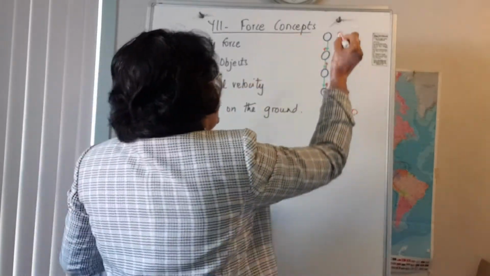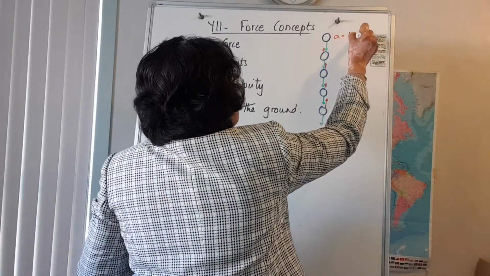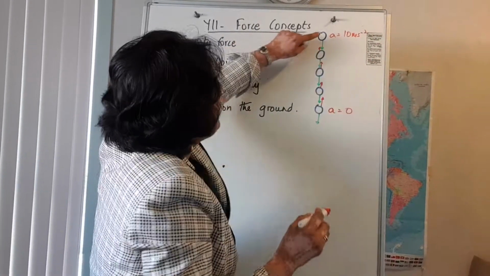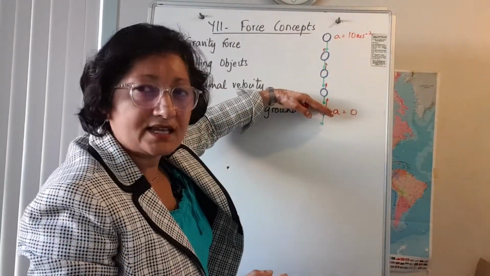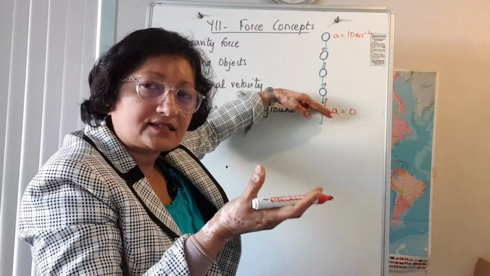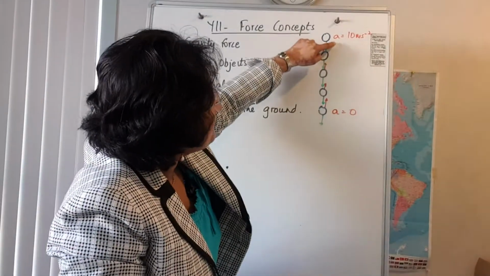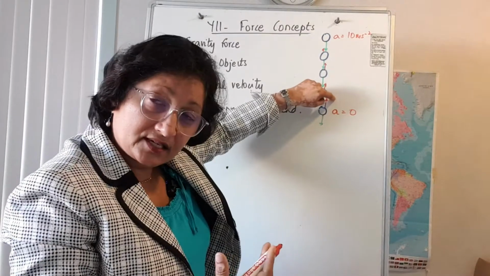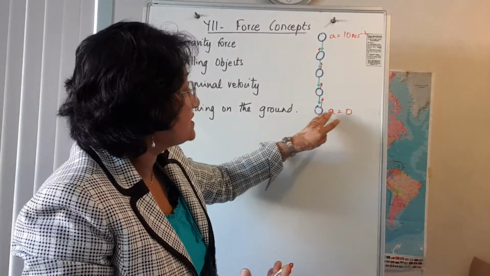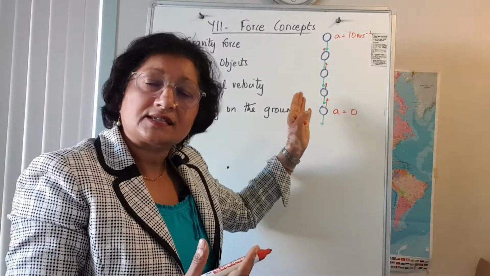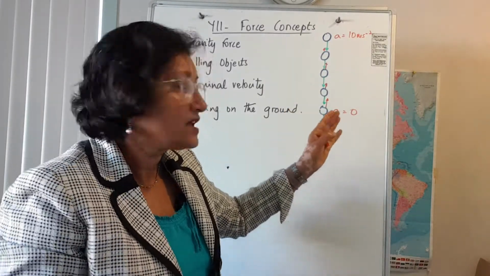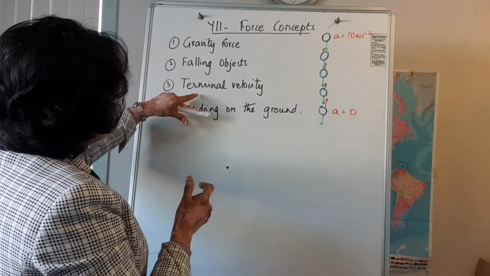Over here at the start, your acceleration is 10 meters per second squared, which is the same as gravity, but as it goes further down and the air resistance gets greater and greater, your value for acceleration actually decreases and it becomes zero when it's falling at constant speed, and this constant speed is called terminal velocity. Okay, so that's about terminal velocity.